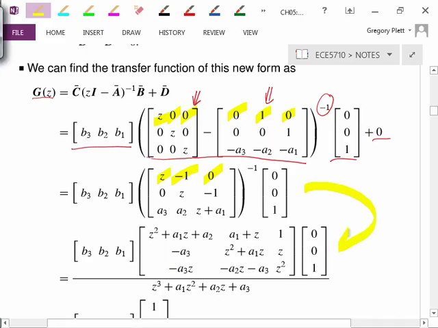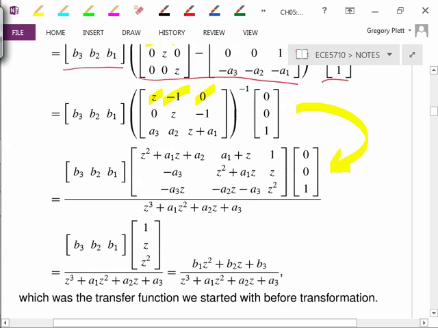To go from this line to this line, I had to invert a 3 by 3, and this is something that is a little unpleasant. We can do it by hand if you know how to find the adjoint and the determinant, or you can ask MATLAB to do it for you. You can even ask MATLAB to do it for you symbolically if you declare Z to be a symbolic variable and A1, A2, and A3 also to be symbolic variables.